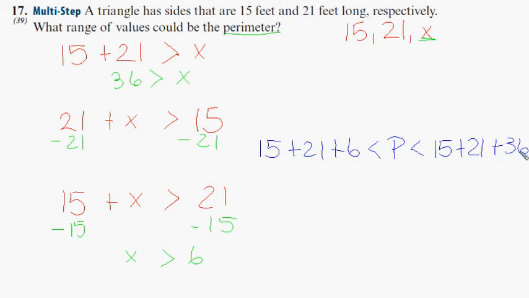Now we can add all of this together, and you can see that 42 is less than the perimeter, which is less than 72. So the range of values for the perimeter is 42 to 72. And the way that I got that was simply taking the same ideas, but actually building the perimeter into it, because I was adding all three sides.